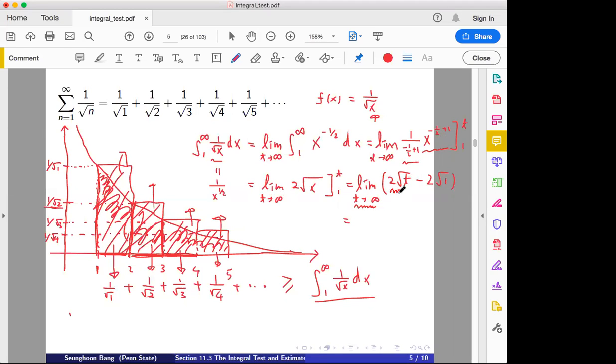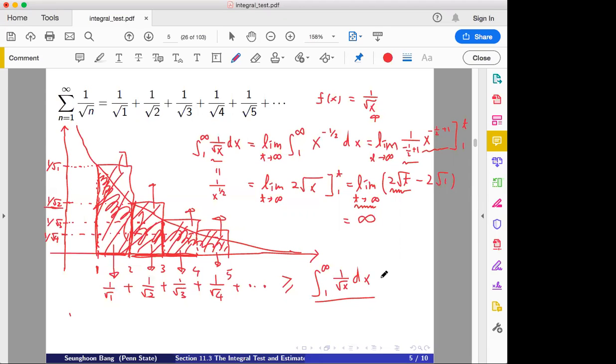So what happens? 2 times the square root of t goes to infinity. Infinity minus 2 is also infinity. What is infinity minus 2? This is also infinity.